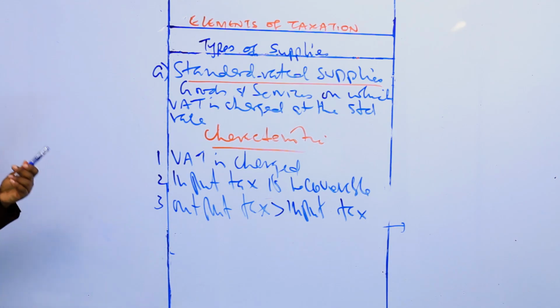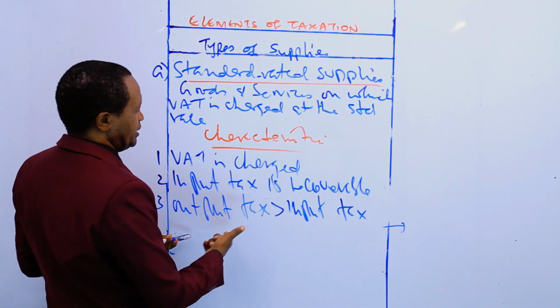Generally, for businesses dealing with predominantly standard rated supplies, the output tax, which is the VAT collected, will be greater than their input tax, which is the VAT paid.